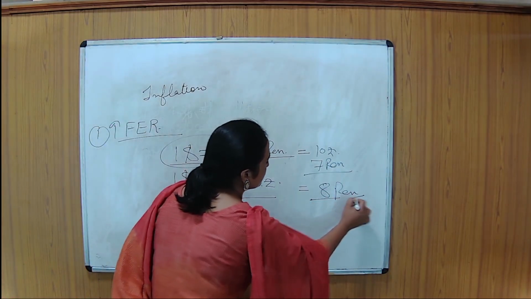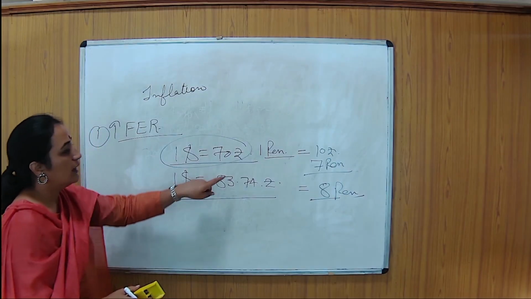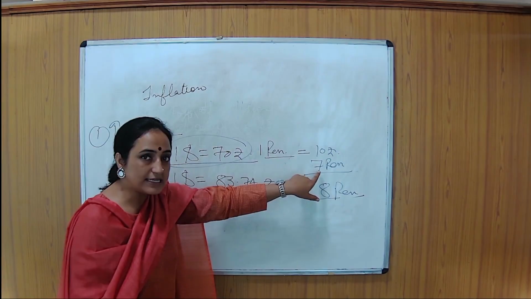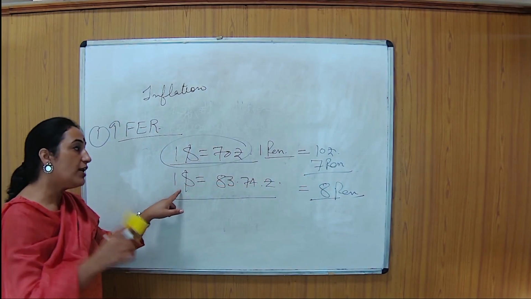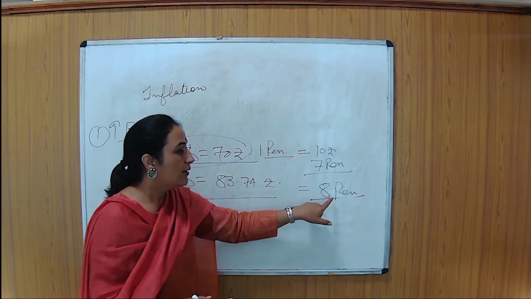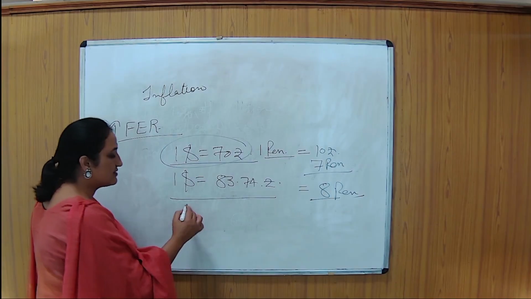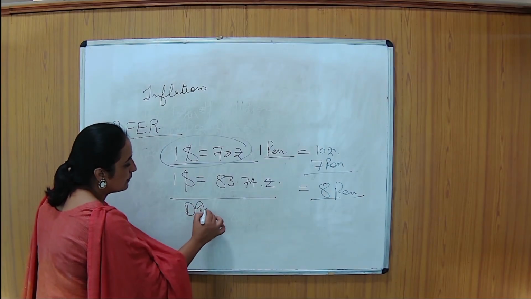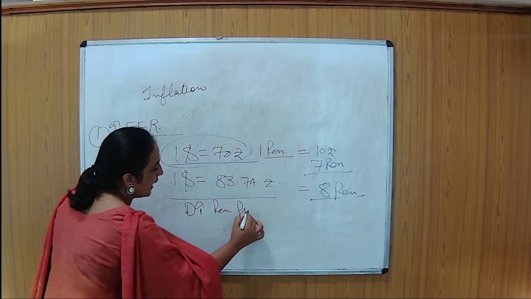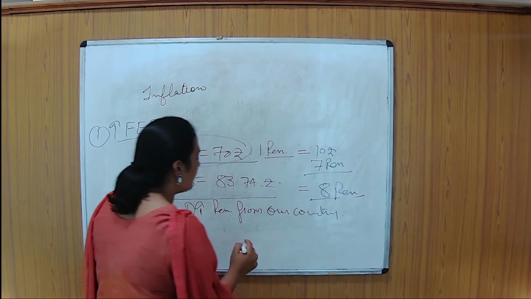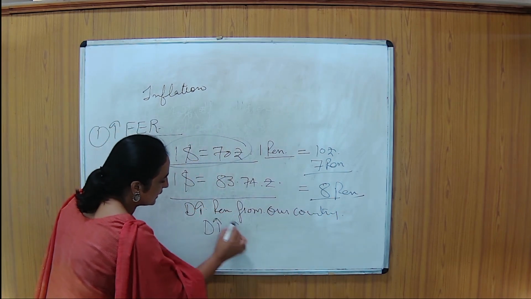So we can check if when we are spending $1, we are getting 7 pen. When we are spending $1, we are getting 8 pen. So what happened? Other countries demand more pen from our country, or demand of pen will increase.